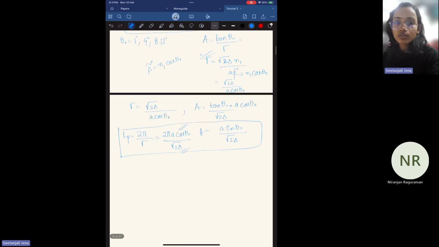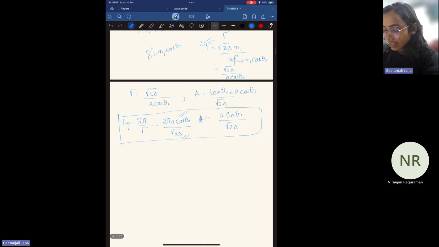But before doing the calculation, you have to check whether the incident angle satisfies the condition for ray guidance. For a graded index fiber, the ray constant beta tilde should lie between the highest refractive index n1 and the lowest refractive index n2.